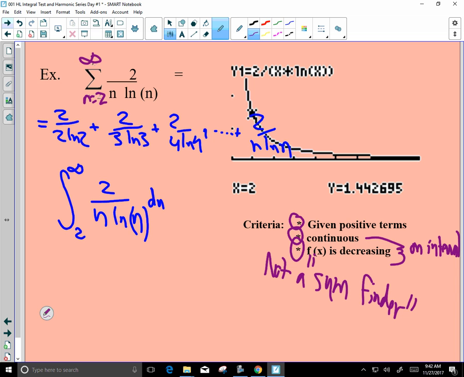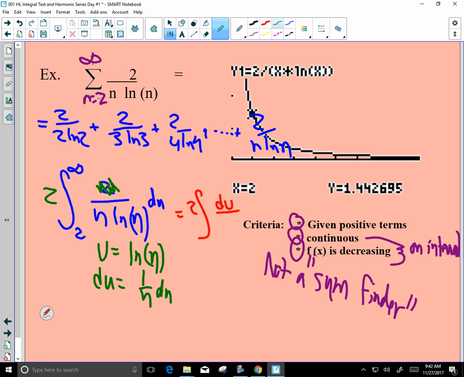So here we go. Let's do this together. What do you want u to be? I like it, ln, natural log of n. So what's du going to be? 1 over n dn. Do we have 1 over n dn? We do. So I'm going to move this 2 out here. We're going to have 2 times the integral of du over u.